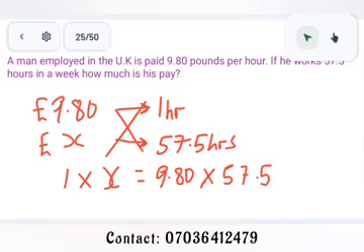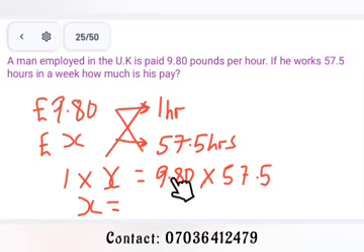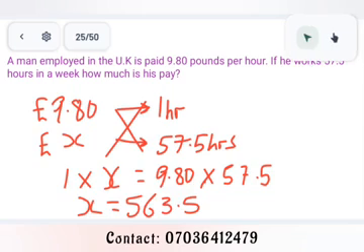So 1 times X will give X. X should equal to 9.8 times 57.5, which will give 563.5. Okay, so now remember that the X we are talking about here is the amount of money, and it's in pounds, so we can say 563.5 pounds is what he will be paid at the end of the week.